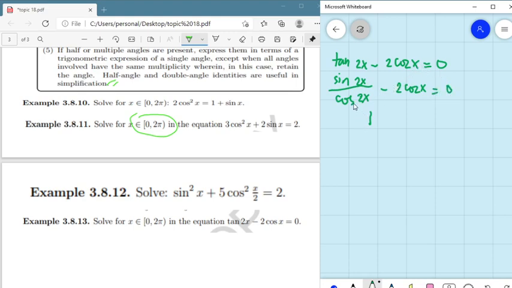To eliminate the cosine 2x, we need to multiply each term by cosine 2x. So if we multiply this by cosine 2x, the answer is sine 2x minus 2 cosine x cosine 2x equals 0.